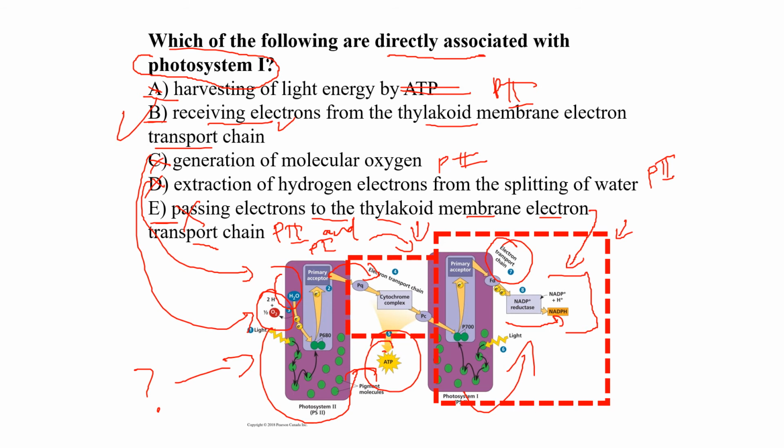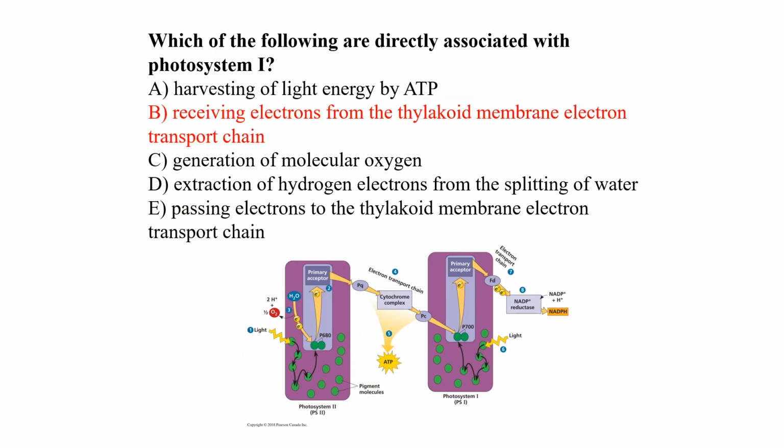So the best answer will be B. So to summarize, the best answer will be B, because this only happens in the photosystem 1, while this one can happen in photosystem 1 and photosystem 2, because both this one is passing electrons and this one is passing electrons. However, the only one that is receiving electrons is the photosystem 1 here.